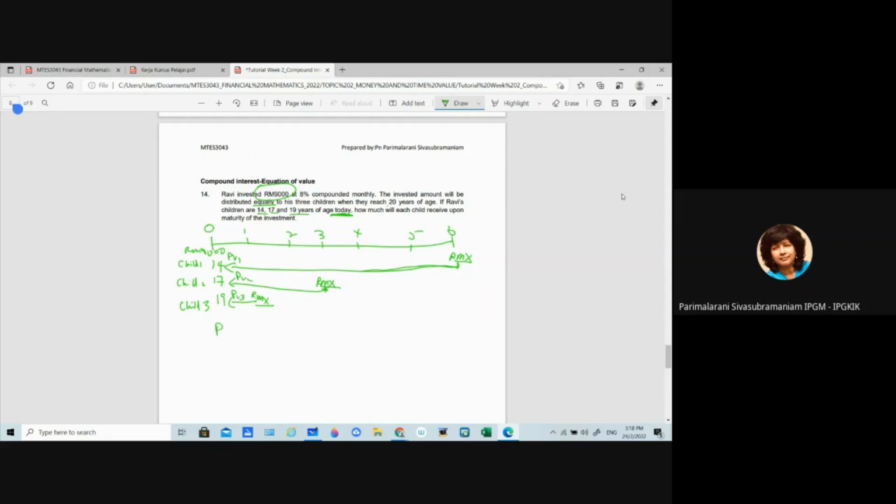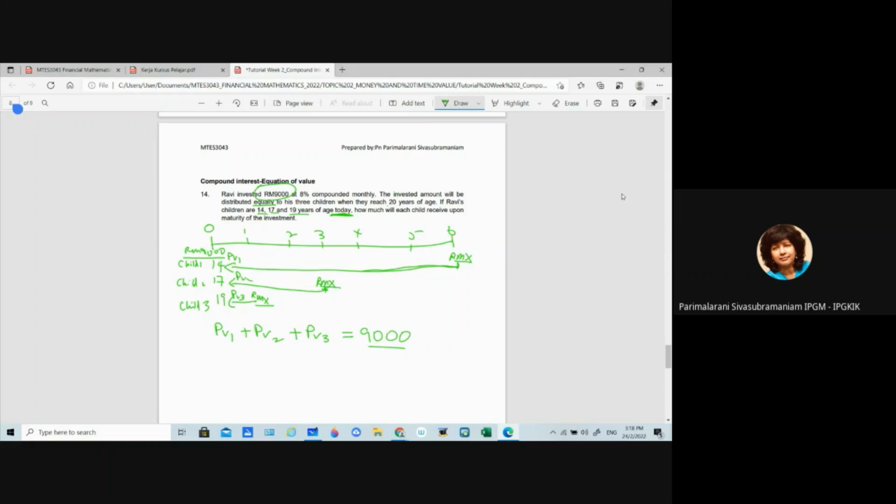We know that present value 1 plus present value 2 plus present value 3 must equal 9,000, because he's investing 9,000 today. That is the present value he's investing. Whatever they get in the future, if you change it to the present value, it must all sum up to 9,000. So what is PV1?